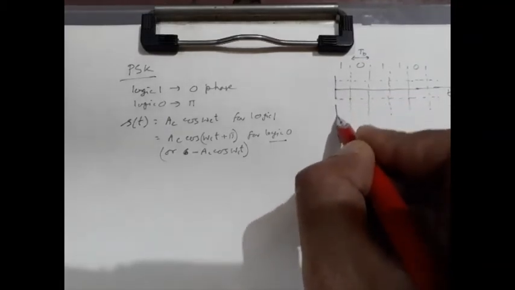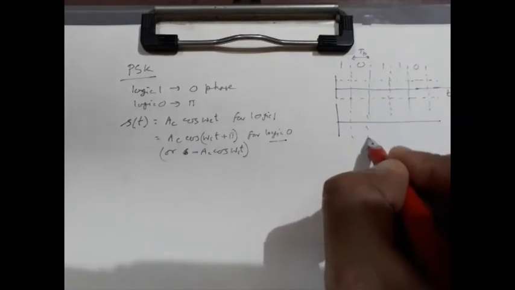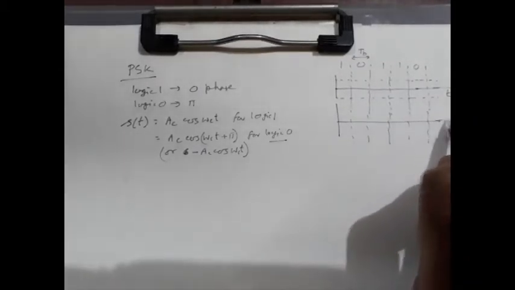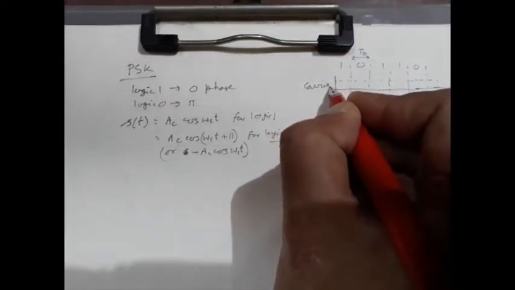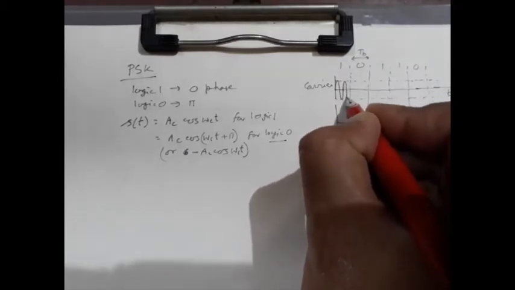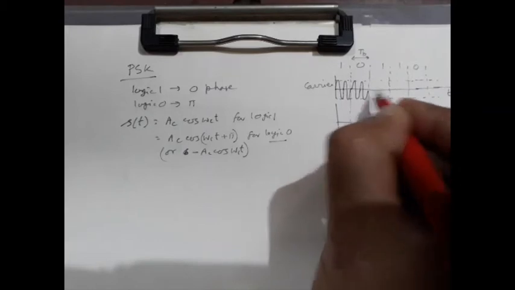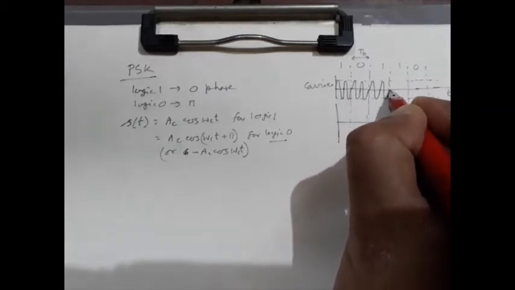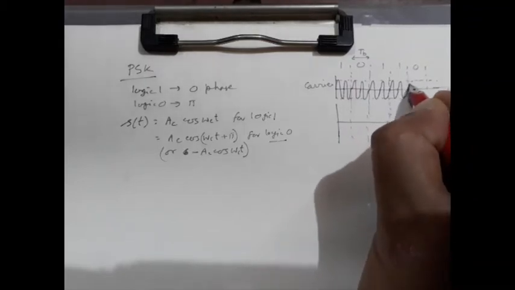So this is the carrier. Carrier is a sinusoidal variation, so you can draw it in this way. Simple sinusoidal carrier.